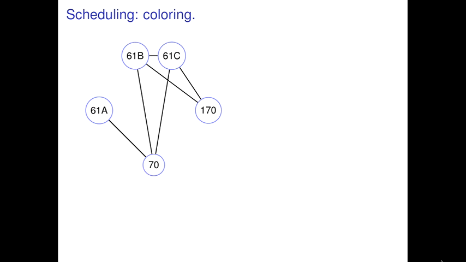So in some sense, what we want to do now is schedule the exams so that we minimize the conflicts. So here that's a coloring problem. Here there are 5 courses, and we want to have as few exam slots as possible. So you can color this graph using this coloring. 70 and 170, if you're taking them together, that's interesting.